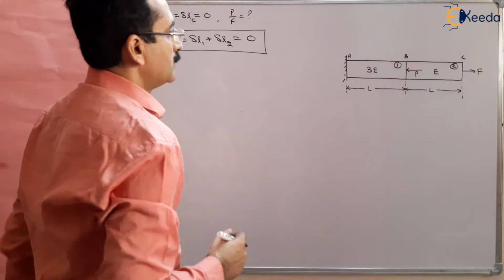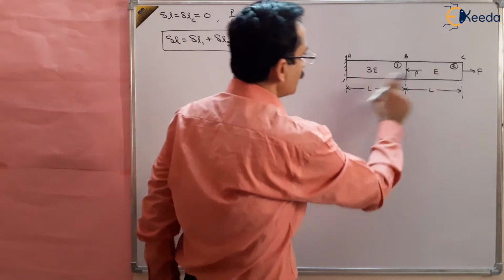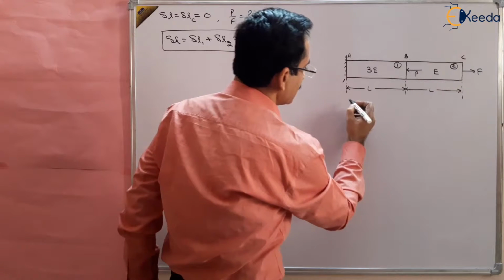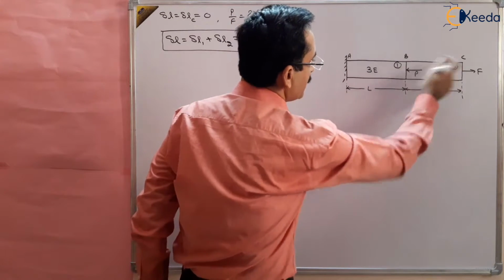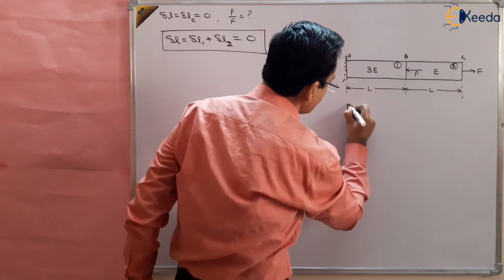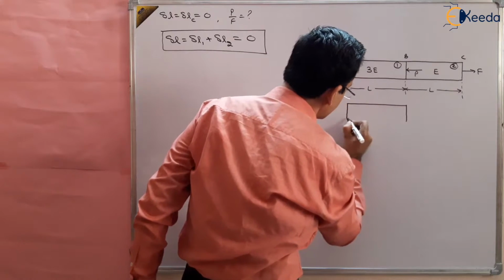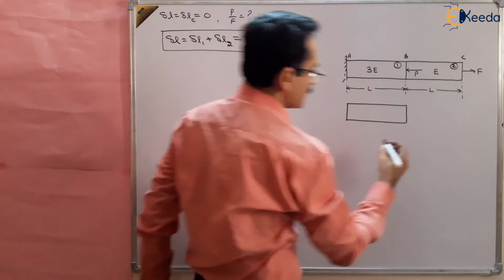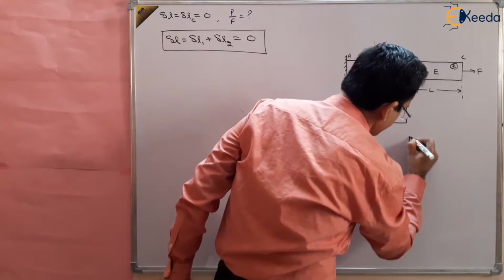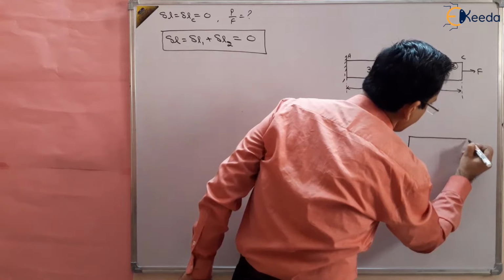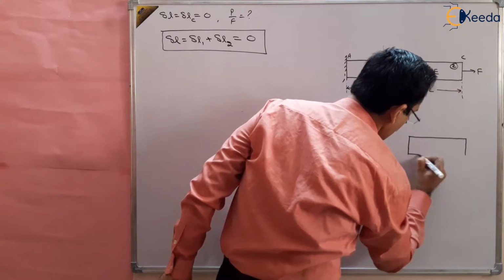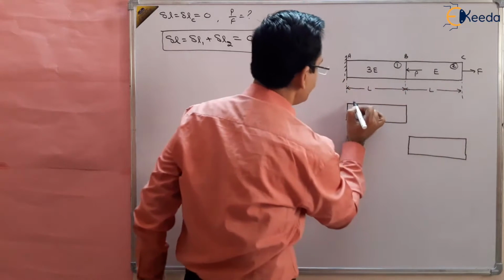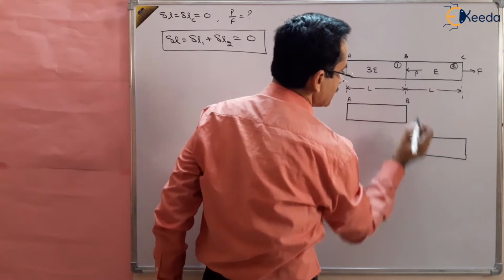Now, what is the load acting on the entire bar in the AB part and the BC part? We can divide this into two parts using the principle of superposition, and later find the P by F ratio. One part is AB, another is BC.